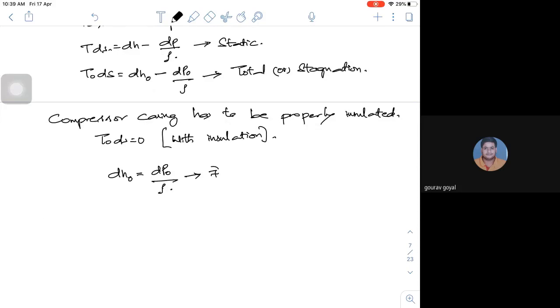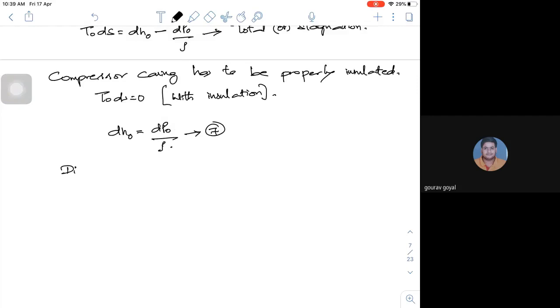Differentiate equation 7 with respect to r. What I'm going to get is dH naught by dr is equal to 1 upon rho times dP naught by dr.